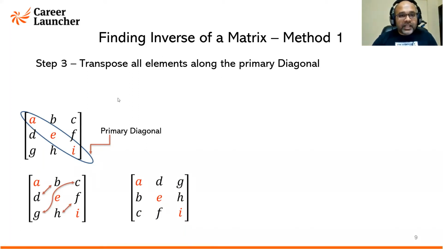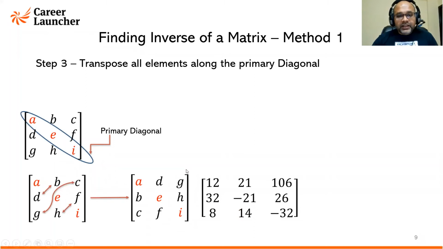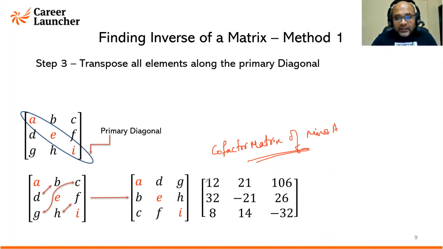So if I continue the same numerical example, this is the matrix that I got. What is this matrix? This is the cofactor matrix of minor A. Right? Cofactor matrix of minor A. We just calculated this. This is your primary diagonal. This should not be touched. 32 will come here. 21 should come here.